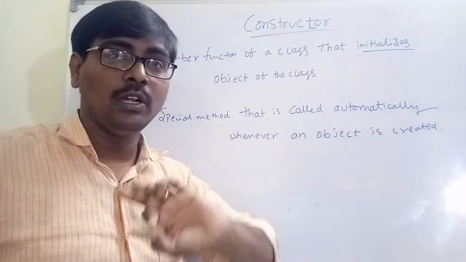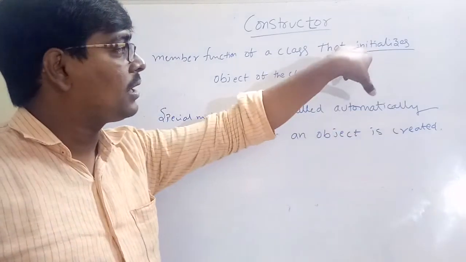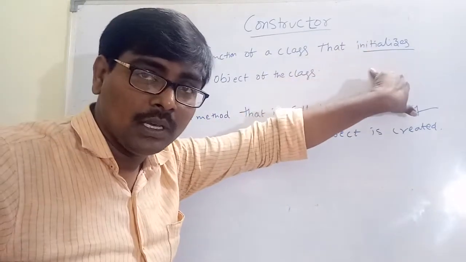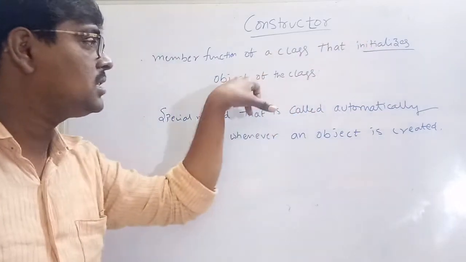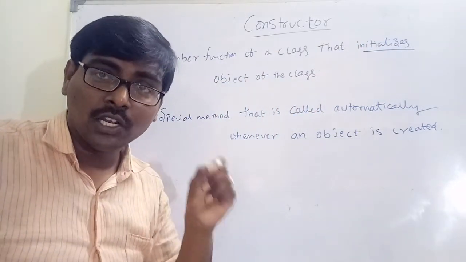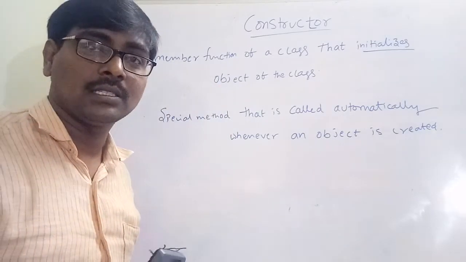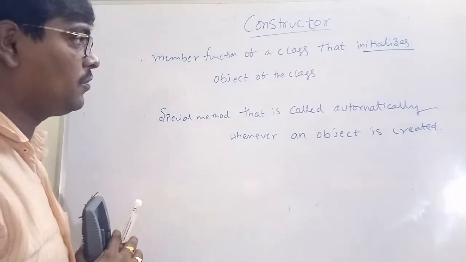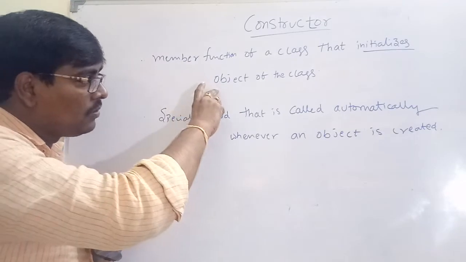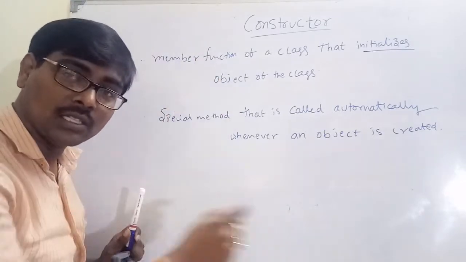That is, no need to call. And if a class contains a constructor, it initializes all the objects of the class. This is the main definition of the constructor. No problem, we will discuss these two definitions with an example.